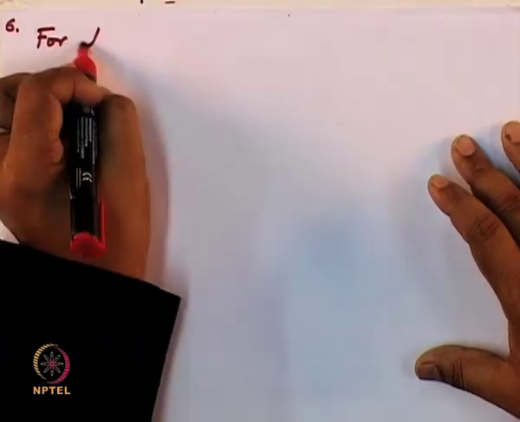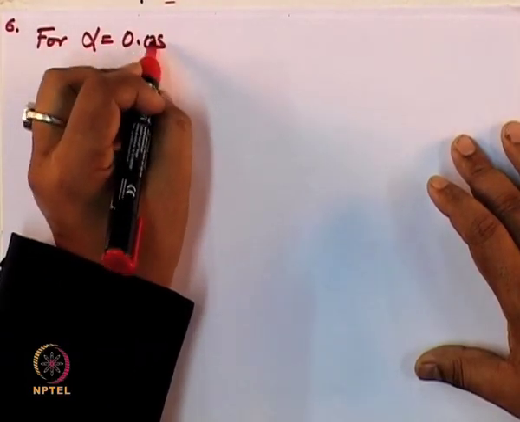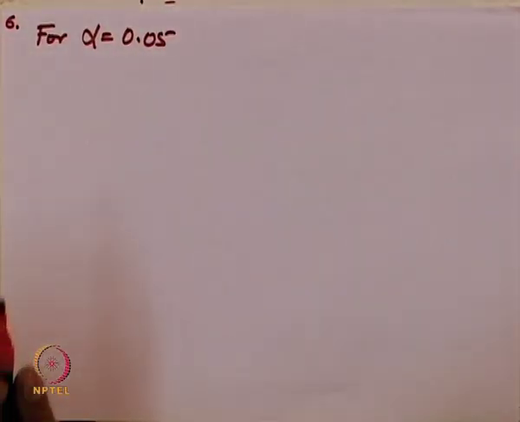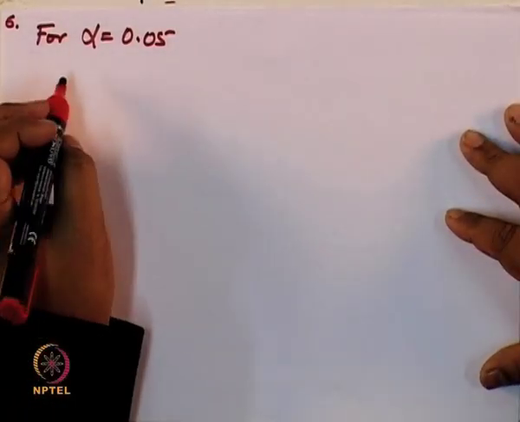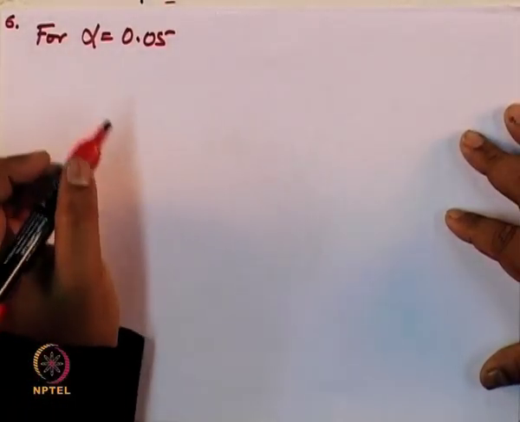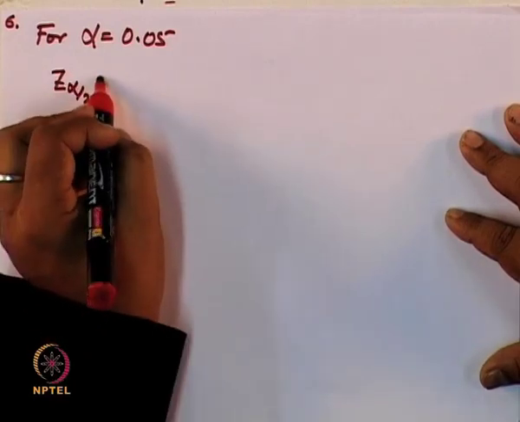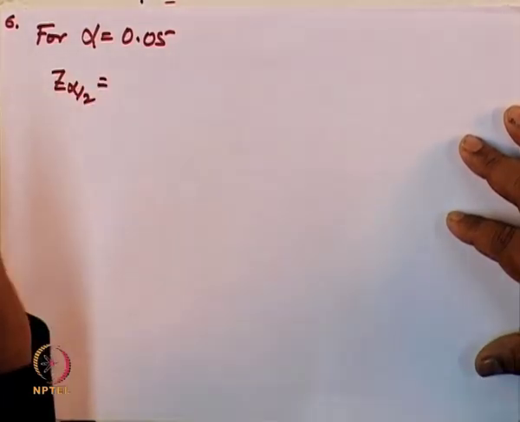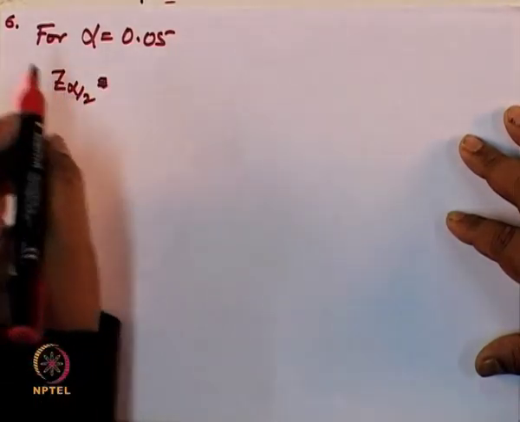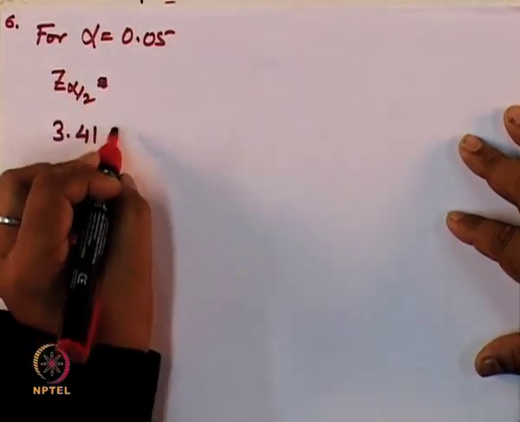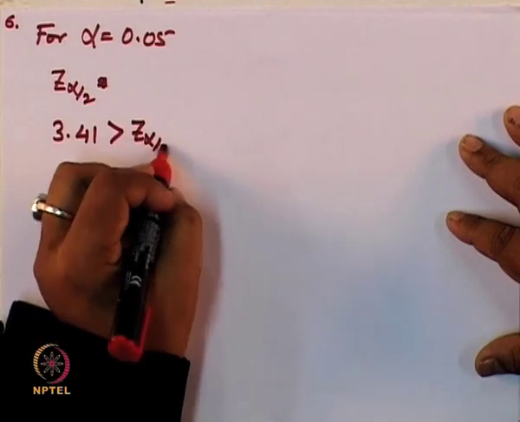So, for 95%, for alpha equal to 0.05, we know for a two-tail test, Z of alpha by 2 is equal to 1.96. So, I know that 3.41 is much greater than Z of alpha by 2.